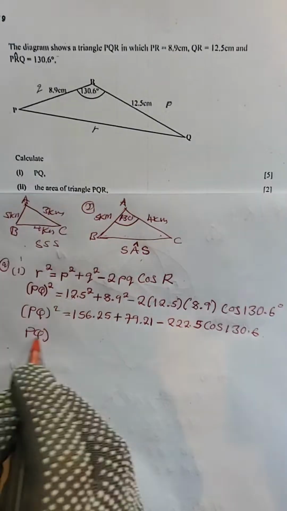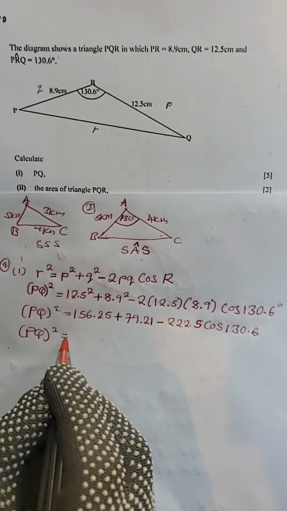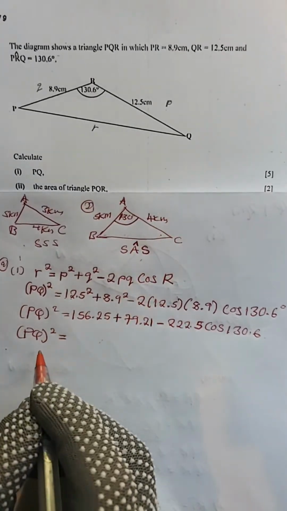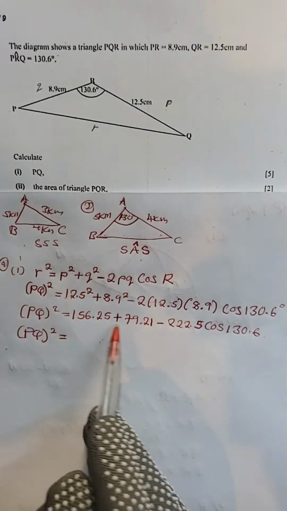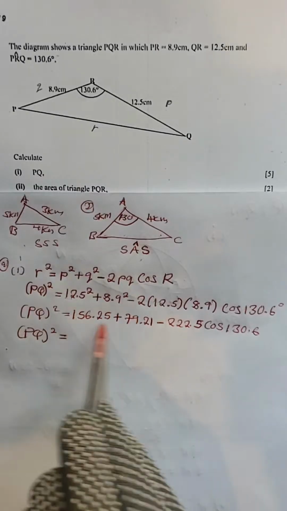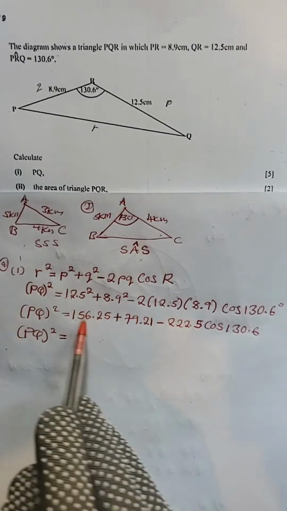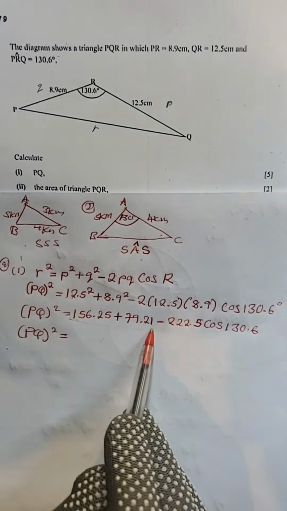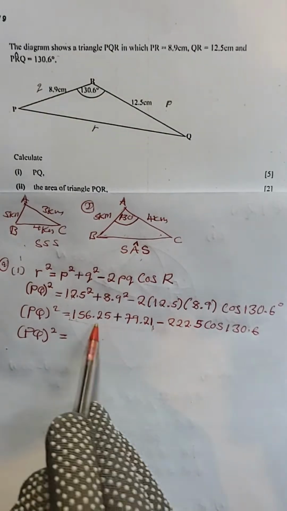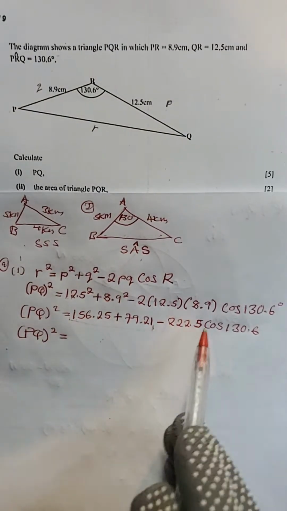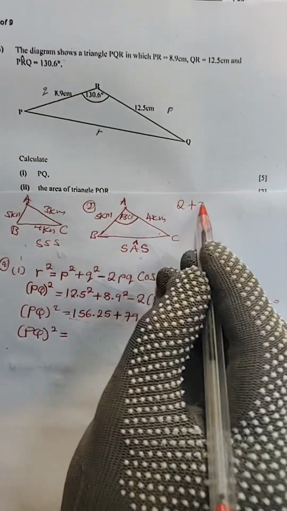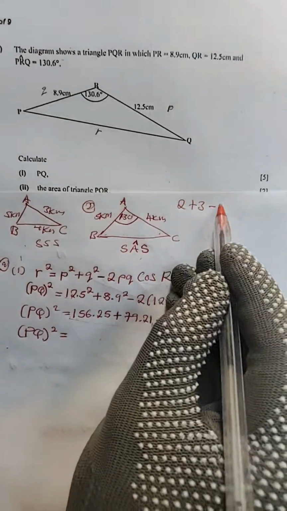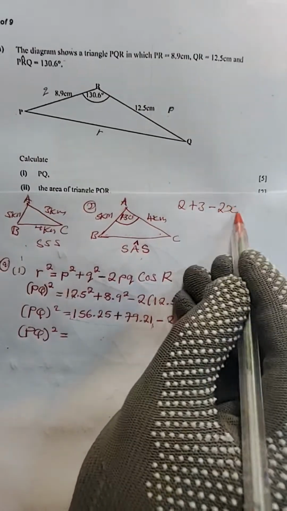PQ, this is where I've reached a stage where most students make mistakes. Now here you deal with like terms. At this stage, just deal with these two. Why can't you subtract this? Because it's the same as having 2 plus 3 minus 2x.